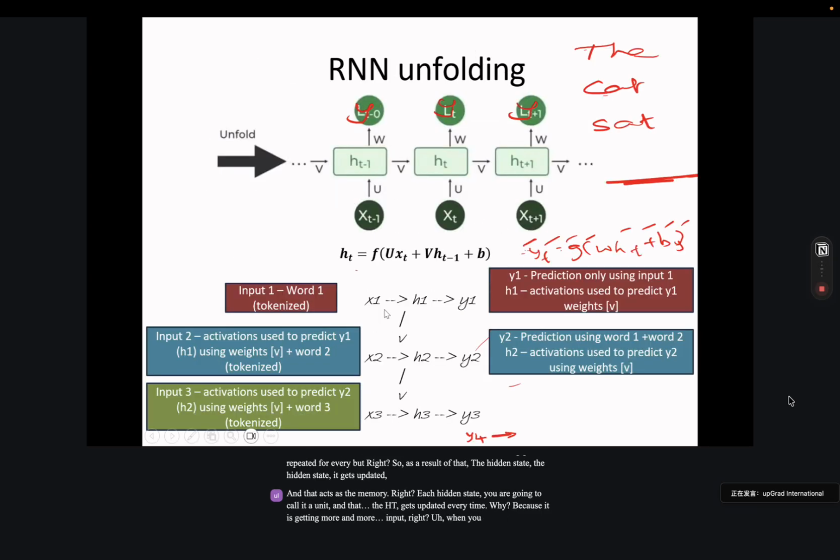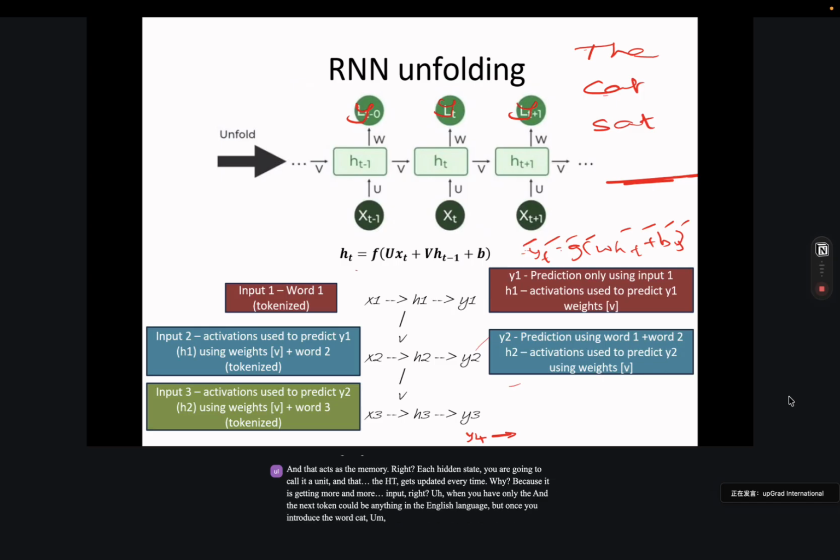When you had only the first word, the next token could be anything in the English language, but once you introduce the word cat, the number of words that would come next has shrunk greatly, right? But with a three-word sequence, the number of words that are likely to follow has shrunk even further. Okay, that's how it is learning the next token or the next word prediction using the sequence.